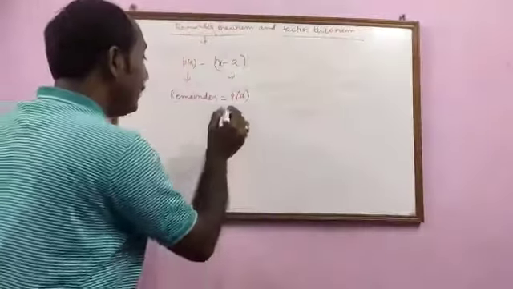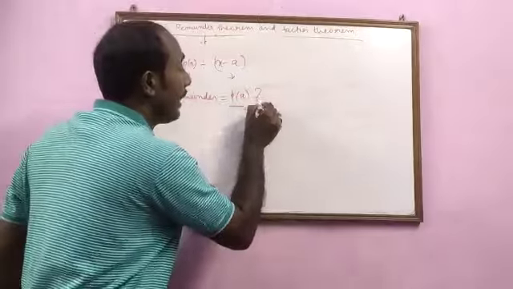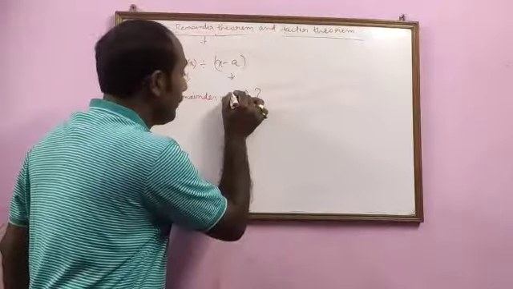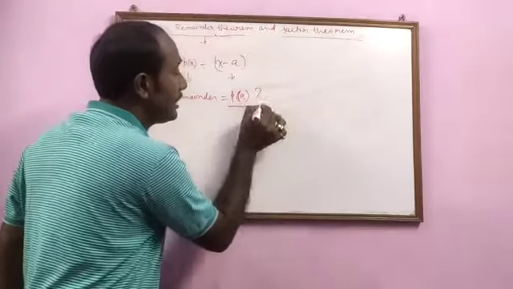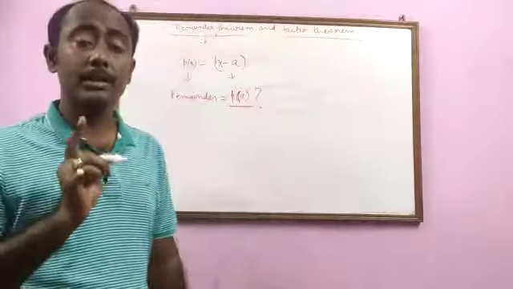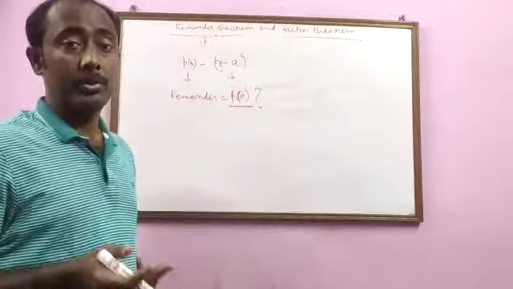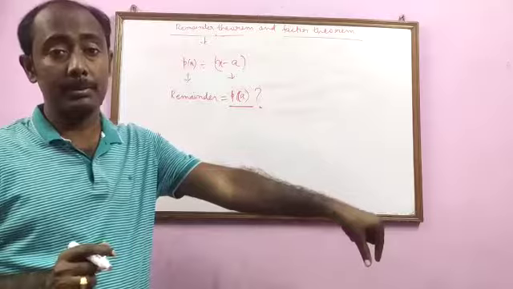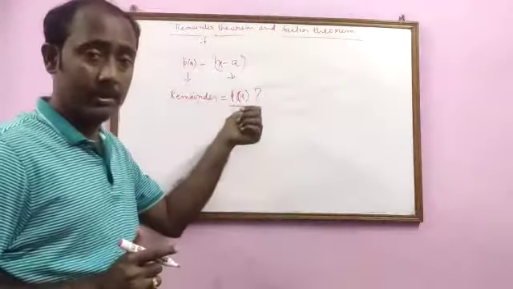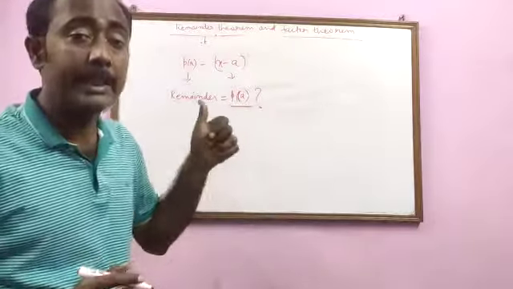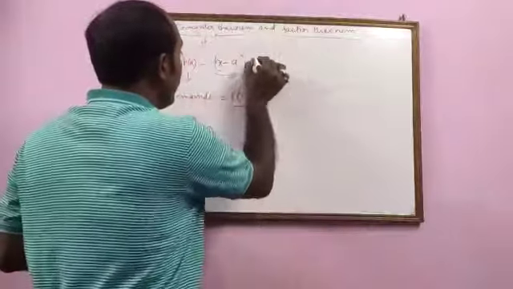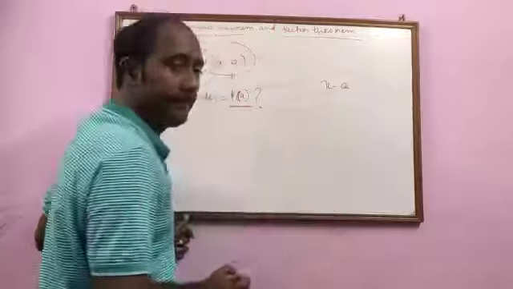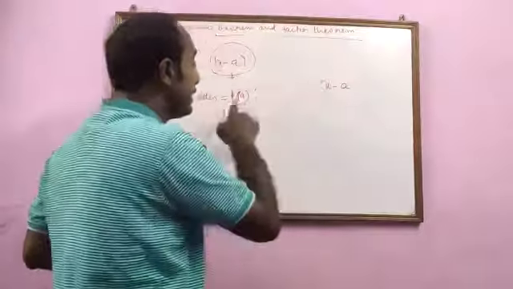Now you have to think why we say P(a). Why P(a)? From where did we get this concept of P(a)? This is the question that you must ask yourself, because this is not given in the statement of the remainder theorem. The reason for P(a) is that the zero of the divisor x minus a is a.